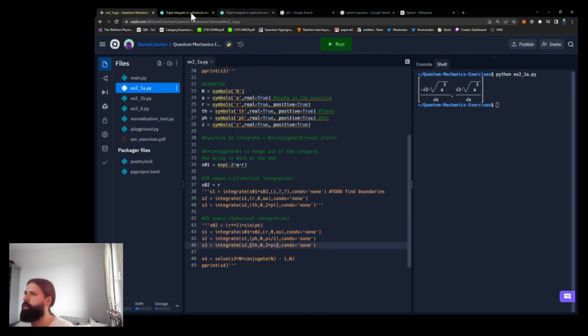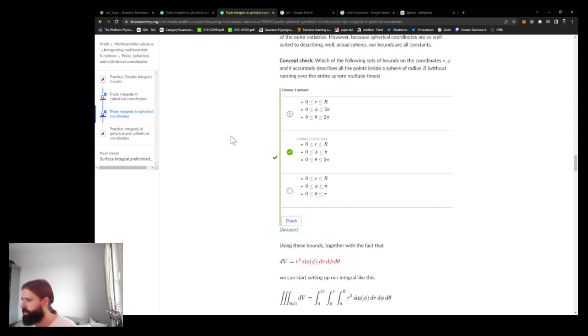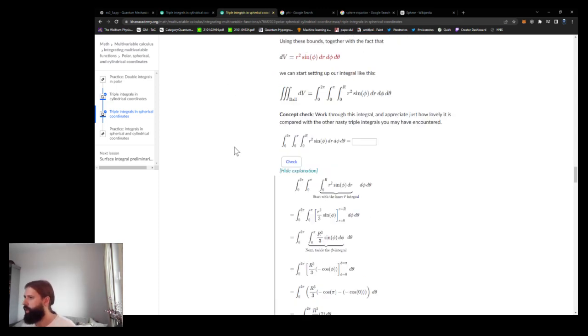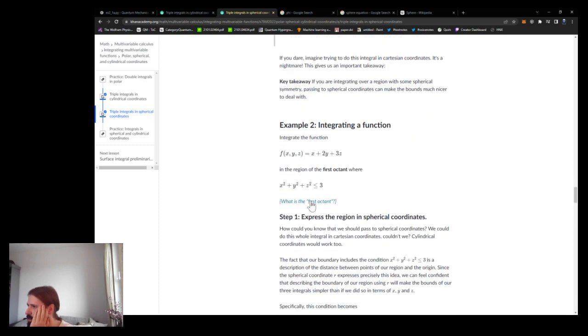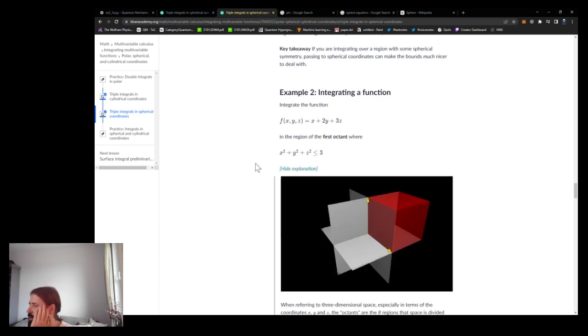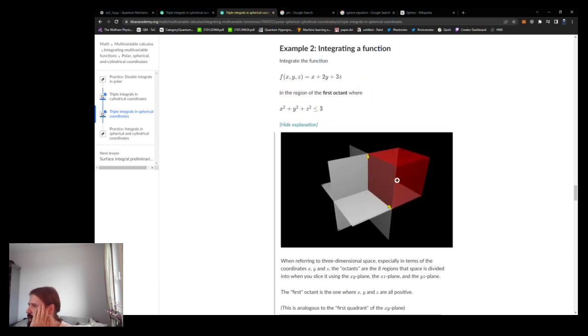So if it's spherical coordinates, which seem easier, then why can't you... I guess we would have to rewrite these properly, because I don't understand. So how is it that this is an example of a region of the first octant? So this is just probably an easier example. Oh no, it's like this.